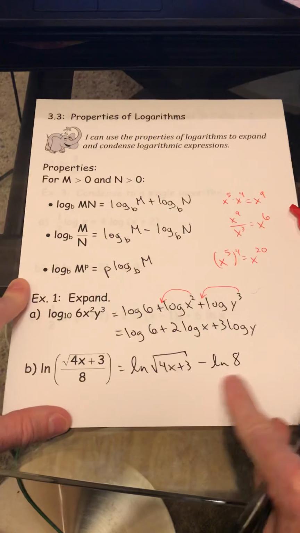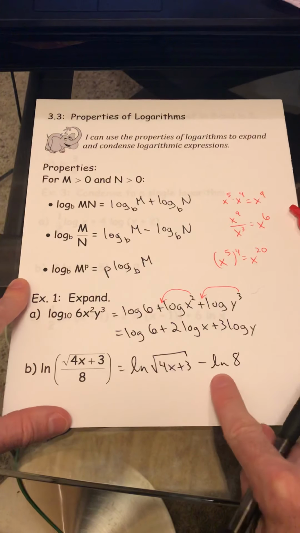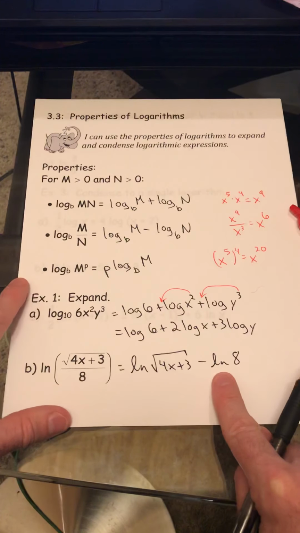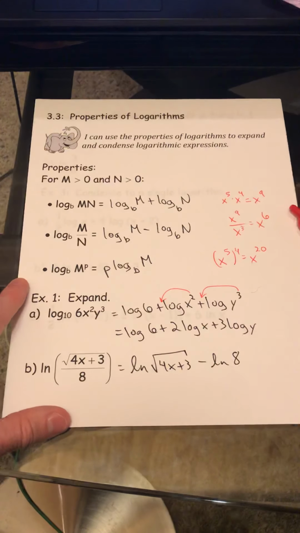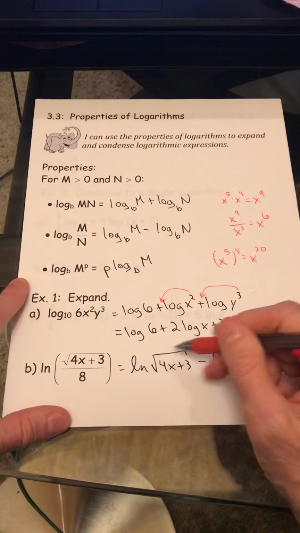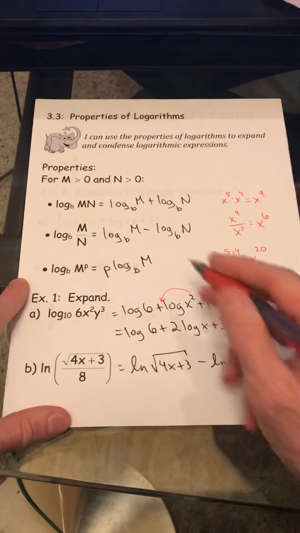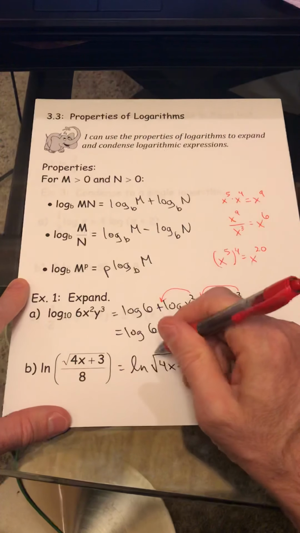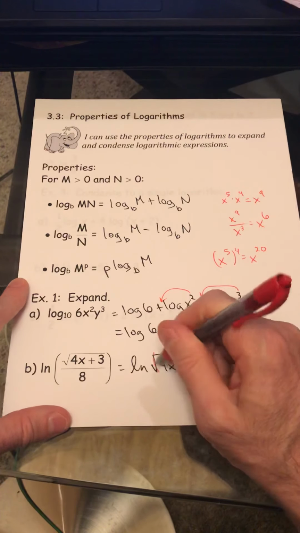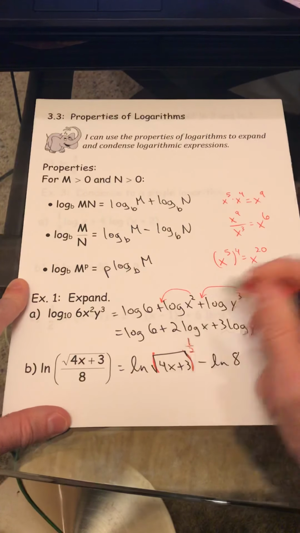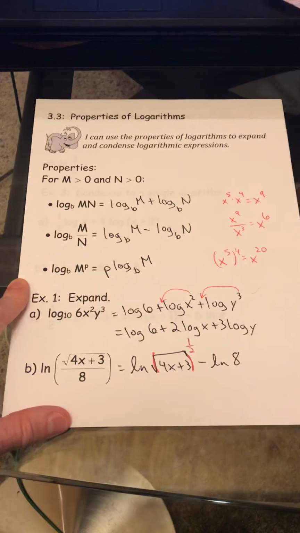For this one, because it ends up being just some random decimal, do not worry about actually plugging in natural log of 8. Even though it's not as obvious as the one up here, we did have 2 exponents we needed to move out to the front. Going back to the last section, a square root is like a 1/2 power.